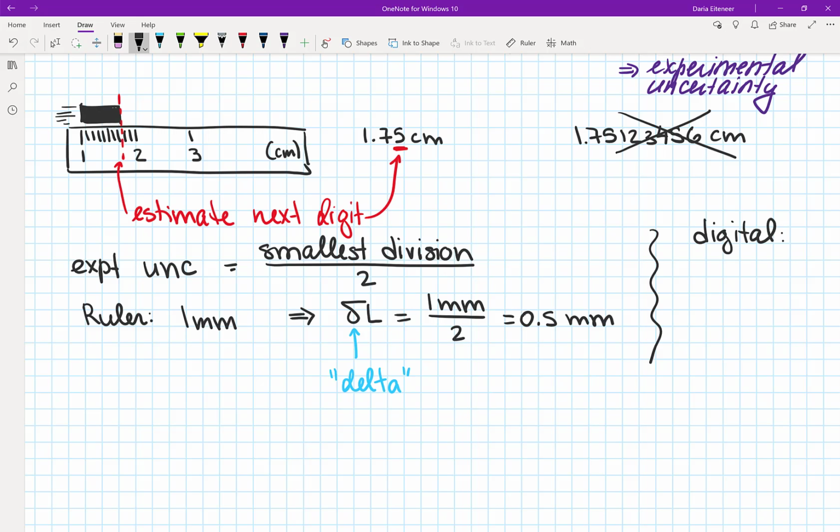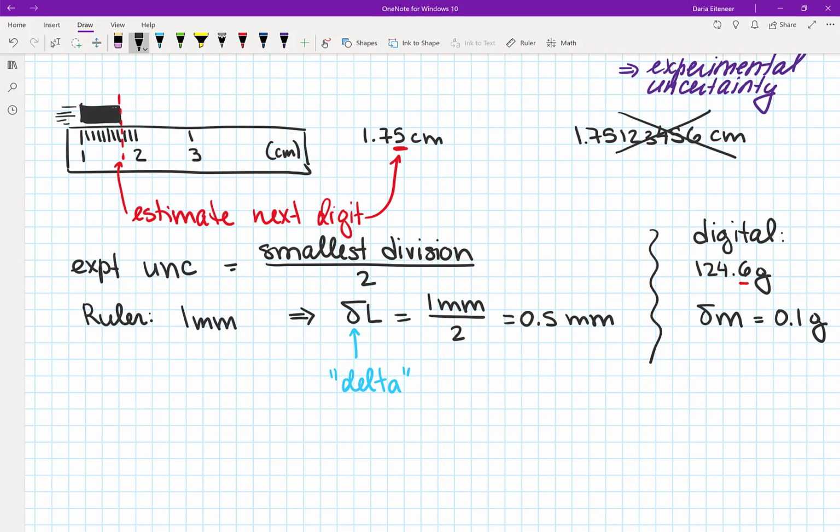Let's say I'm measuring a mass of something, and let's say I get 124.6 grams. So the smallest division is right here, right? It measures mass up to 0.1 grams. So the experimental uncertainty in mass, I'm going to use M for mass, we'll talk about that later, is 0.1 gram.